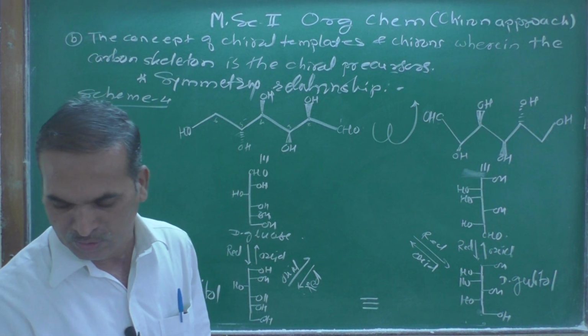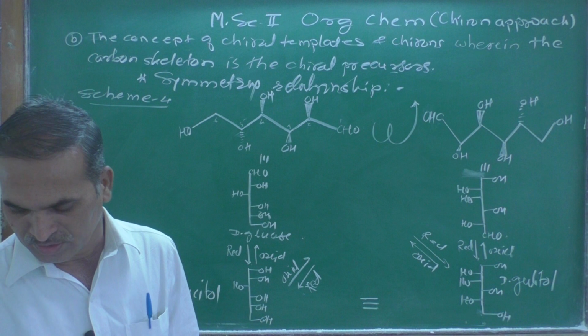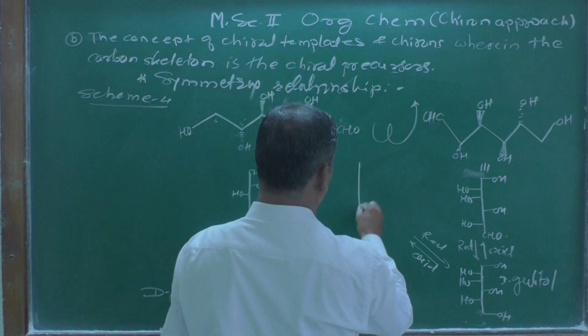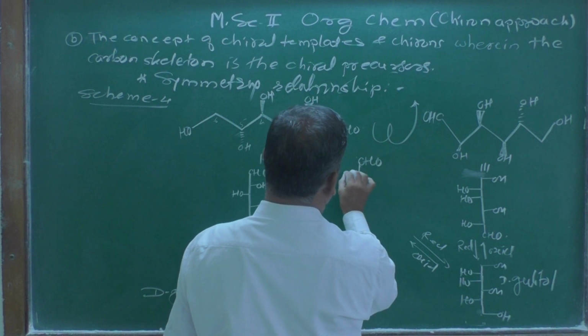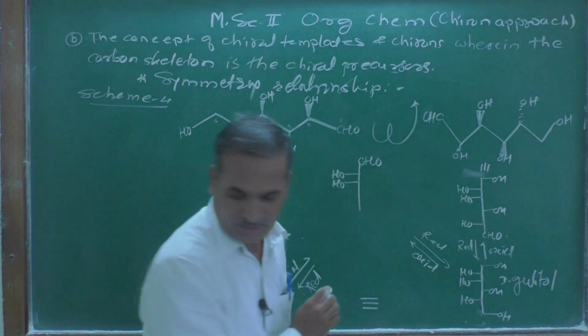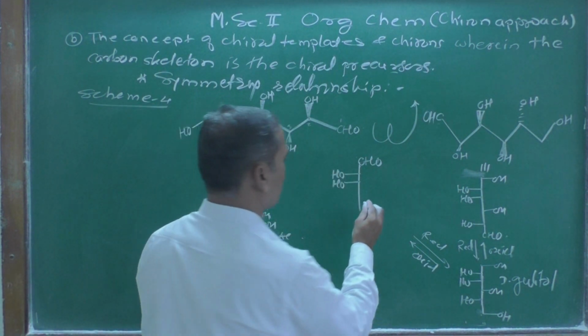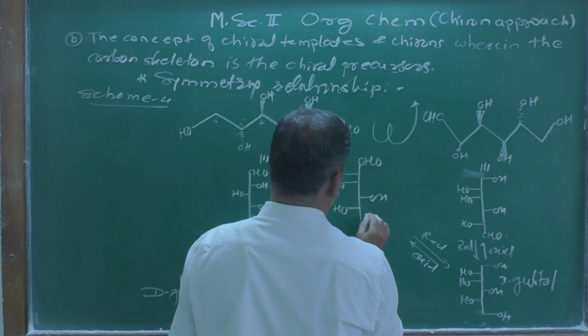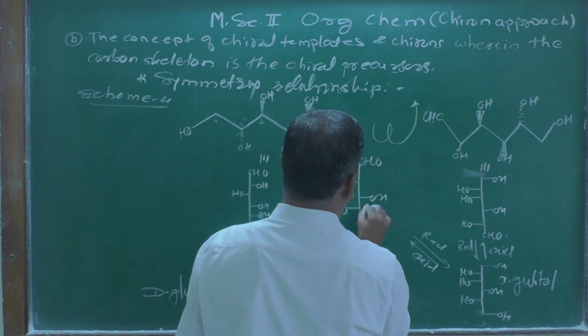Glucose you will get. The structure of glucose is this one, CHO. On this side HO, and at this side OH, here HO, then OH.